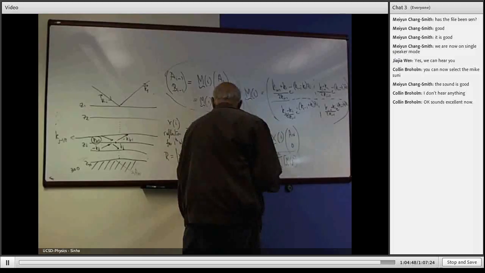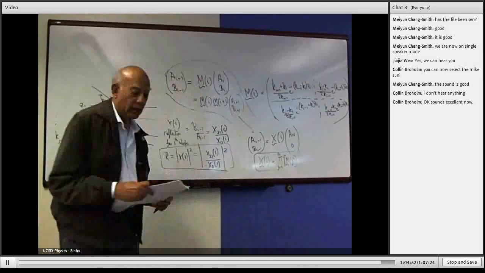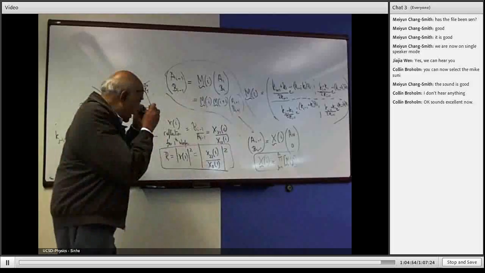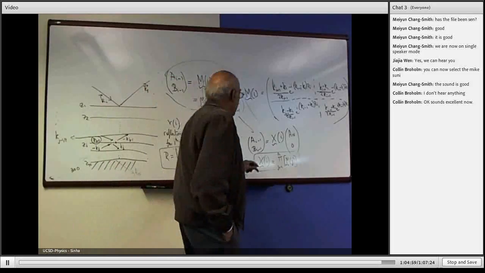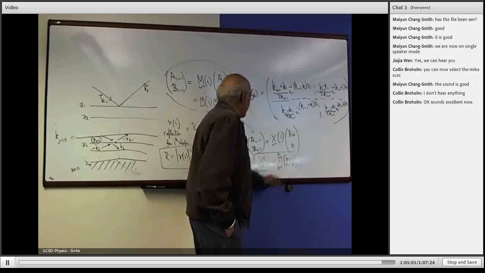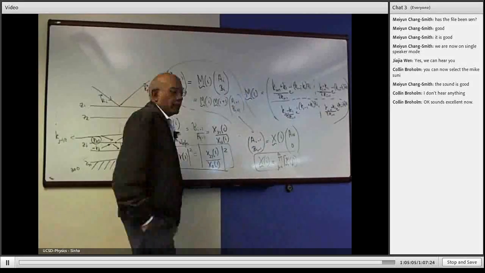And that's the final expression for the reflectivity, which you've gotten from this matrix X, and you got the matrix X by simply multiplying all these little matrices for each interface all the way down.